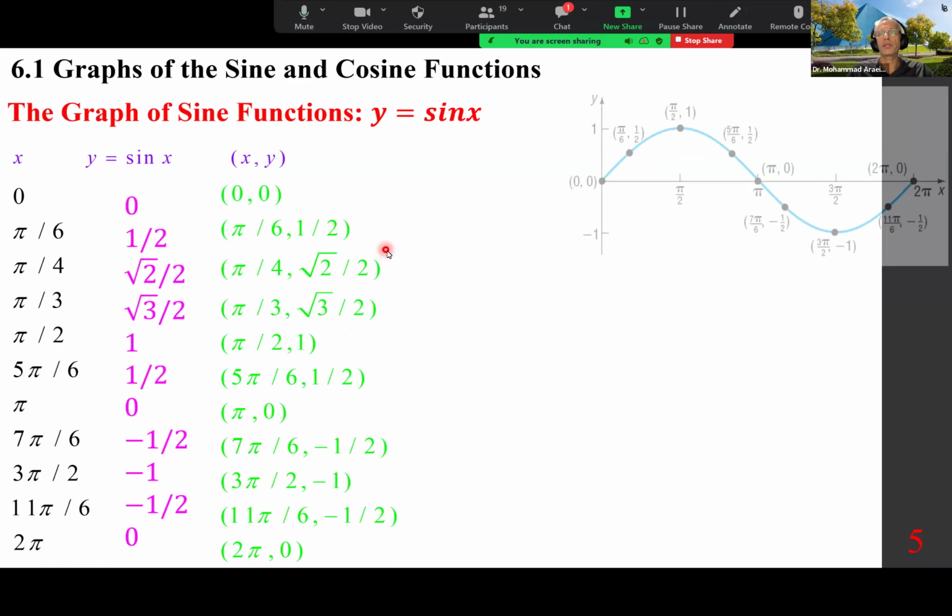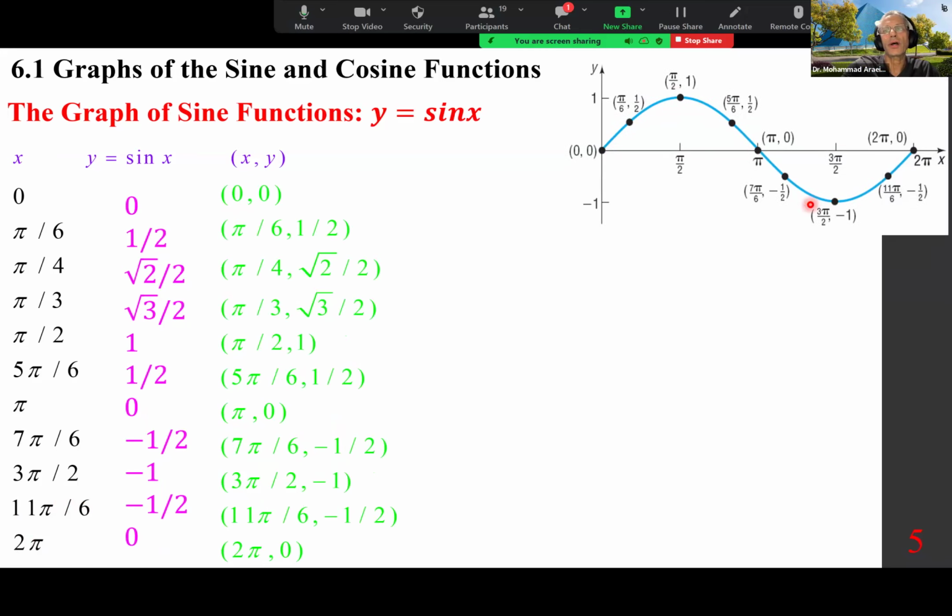And if we plot them carefully, this is a sine wave, if you call it. Sine function, sine wave. X is between 0 and 2 pi.